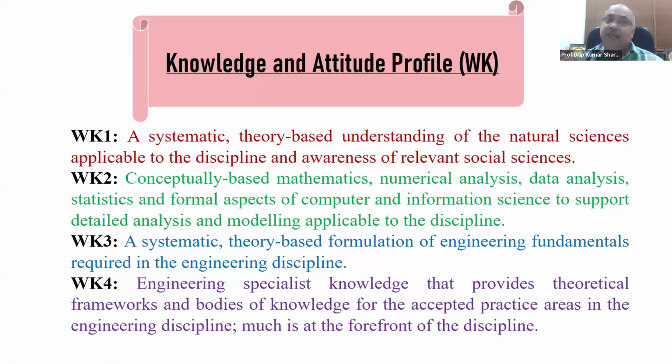Suddenly you will remember them, and I can assure you, you will remember that we have 9 knowledge and attitude profiles. The first one is WK1, which means systematic theory based understanding of natural science applicable to the discipline and awareness of relevant social sciences. That is the knowledge and attitude profile 1.